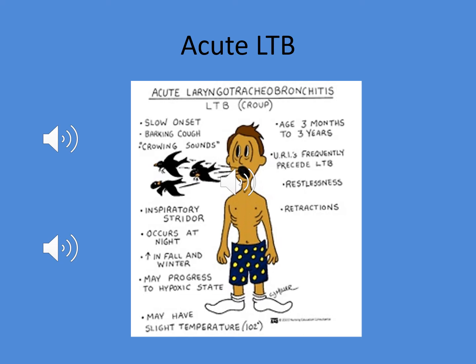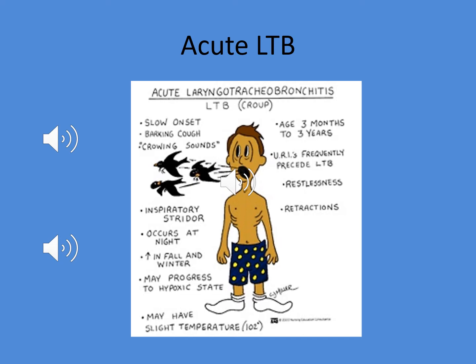If for some reason during that time it does not improve and they seem like they're working harder, their respiratory effort is getting more difficult, then it would be important to send them on to a healthcare facility like the ER to get treatment. So if they do show up to a healthcare facility, the things we would want to do would be to monitor their continuous oximetry.